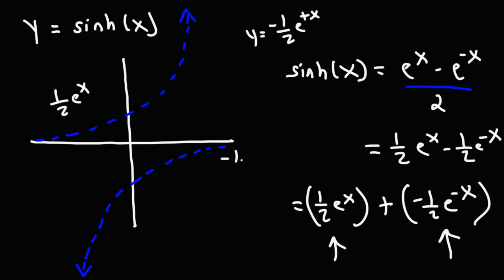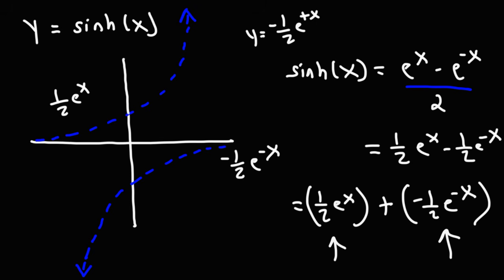So that's the negative 1/2 e to the negative x. Relative to the original function, because we reflected it over the x-axis and the y-axis, the combination of that is basically reflecting it over the origin relative to that function.